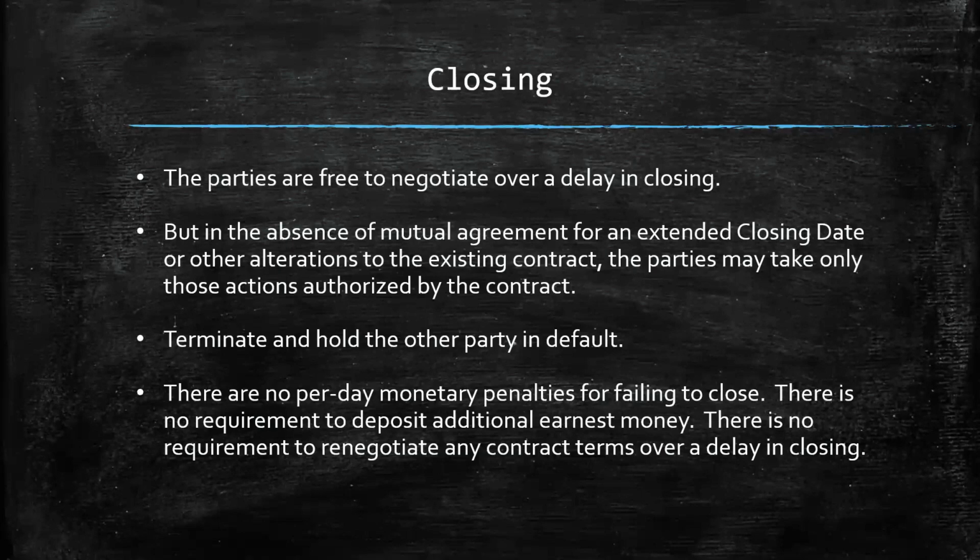We want the buyer to put more skin in the game," that's a point of negotiation. And if the parties come to that agreement, if the buyer's willing to do that, great. We'll write up an amendment for an extension of the closing date and the deposit of additional earnest money. That's perfectly fine. But if the parties cannot agree to that, one side cannot force additional terms on the other side.